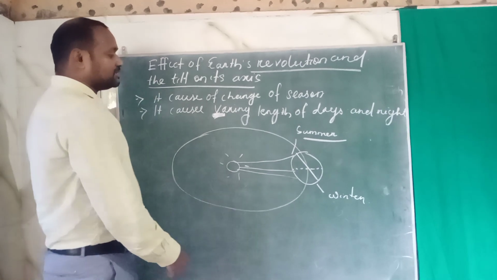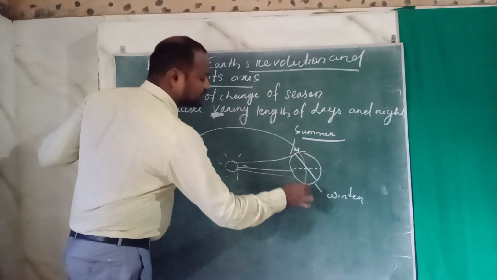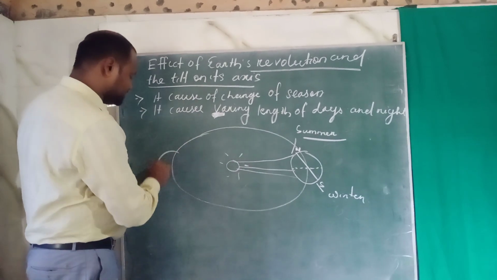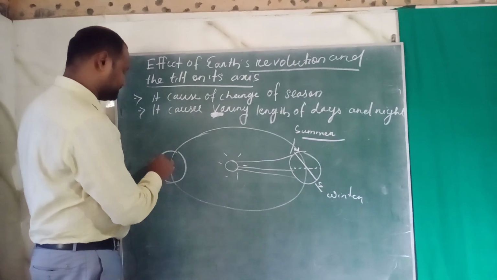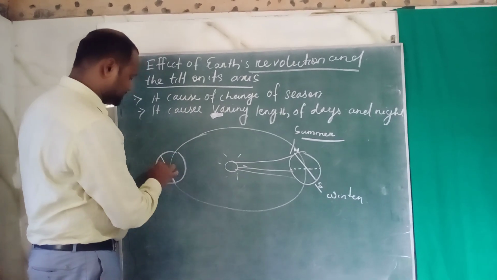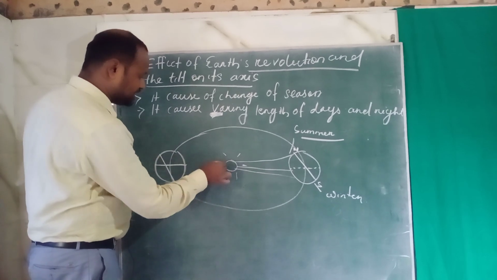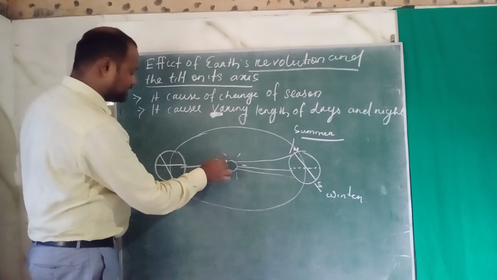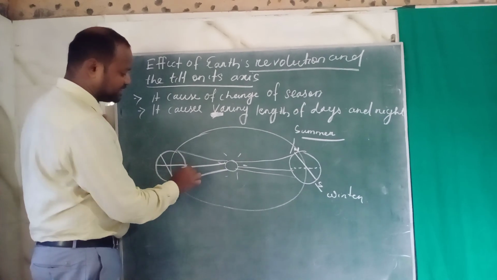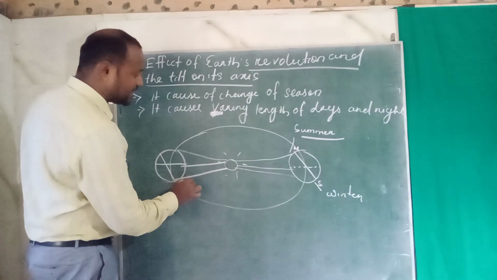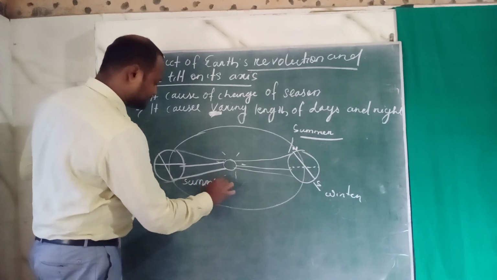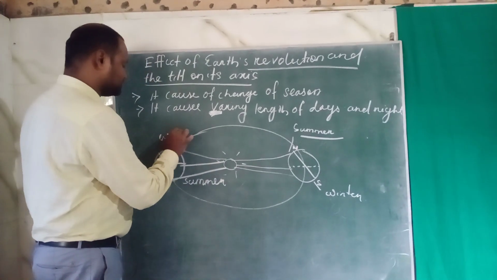Understand? So we have north and south. The opposite occurs here, when the southern hemisphere gets the direct sun rays while the north hemisphere gets the slanting rays. So here we have summer and here we have winter.